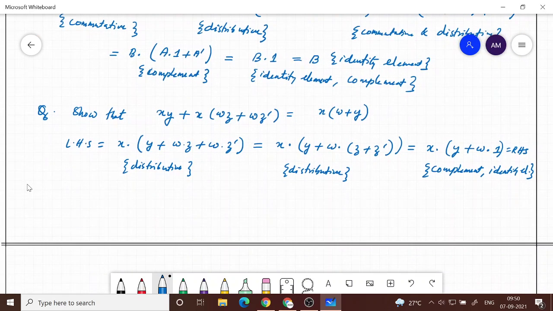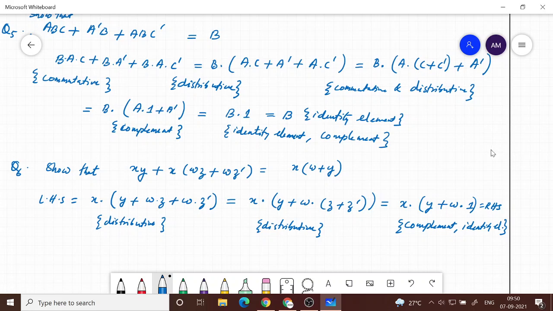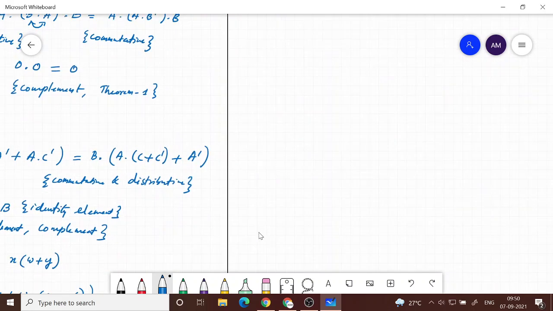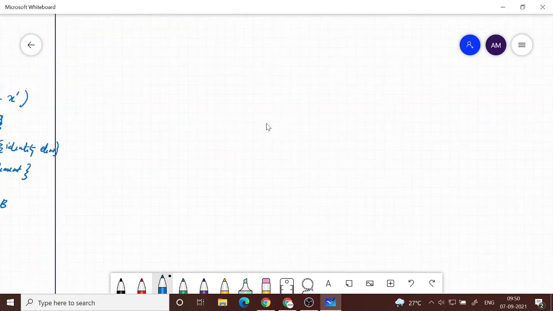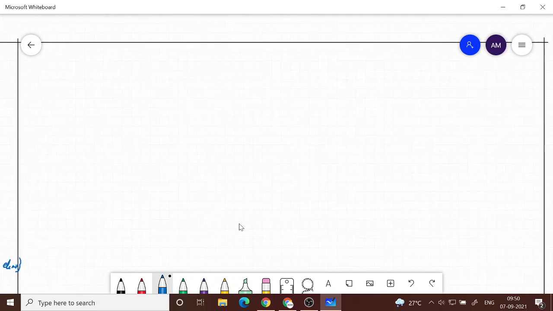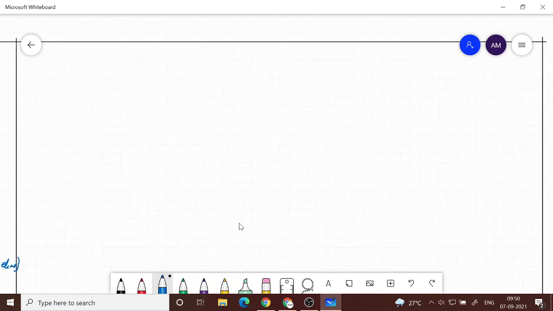Let's see some more examples. Okay, let's do this. So this is a question from section 2.4b.